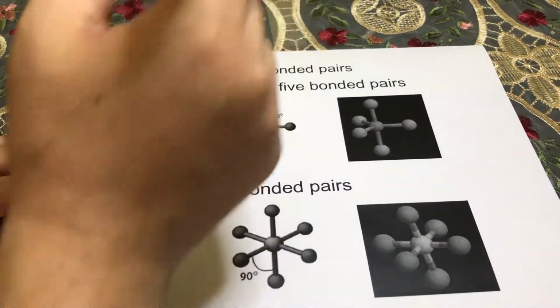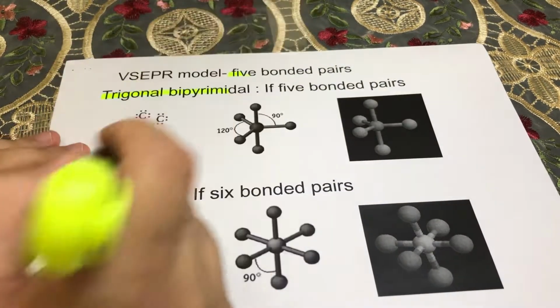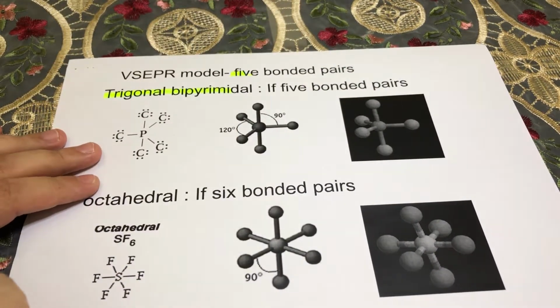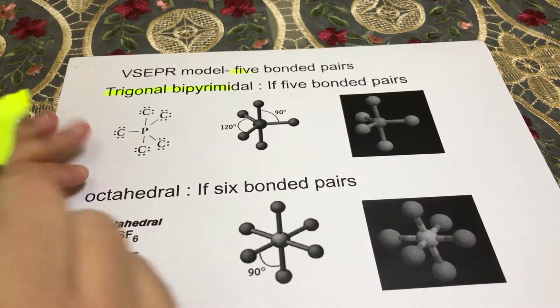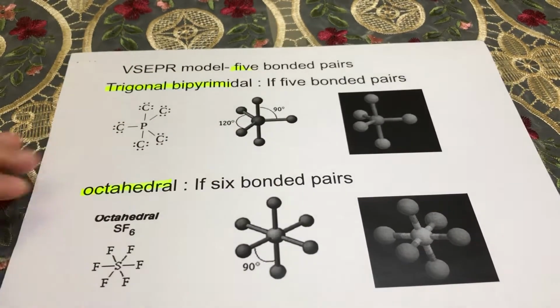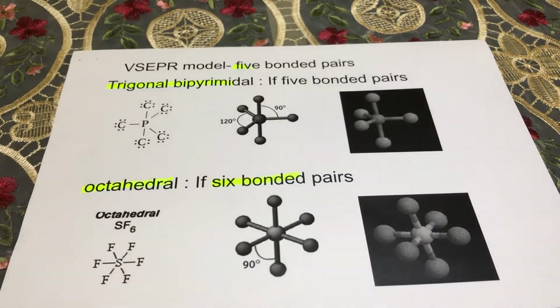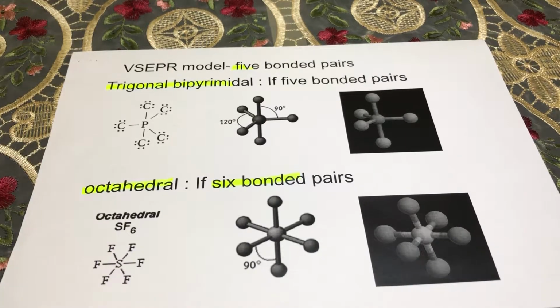If we have five bonded pairs, we call it trigonal bipyramidal, like phosphorus pentachloride. The last one, if we have six bonded pairs, is octahedral, like sulfur hexafluoride.